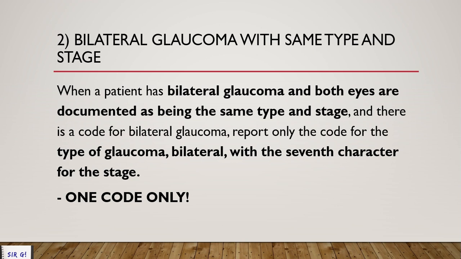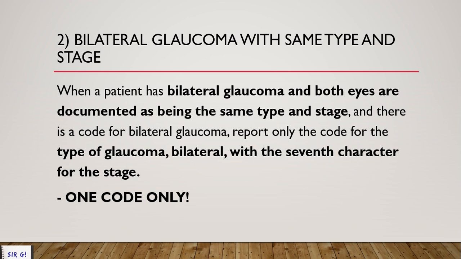Bilateral. Most of the time we have an option for right eye, left eye, and bilateral. So what if the patient has bilateral glaucoma with the same type and same stage? Remember, they have the same type, which is open angle, and the same stage, for example, stage 2.